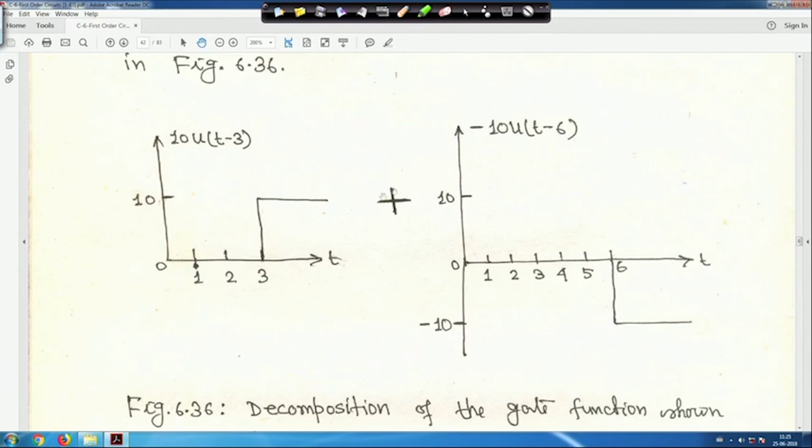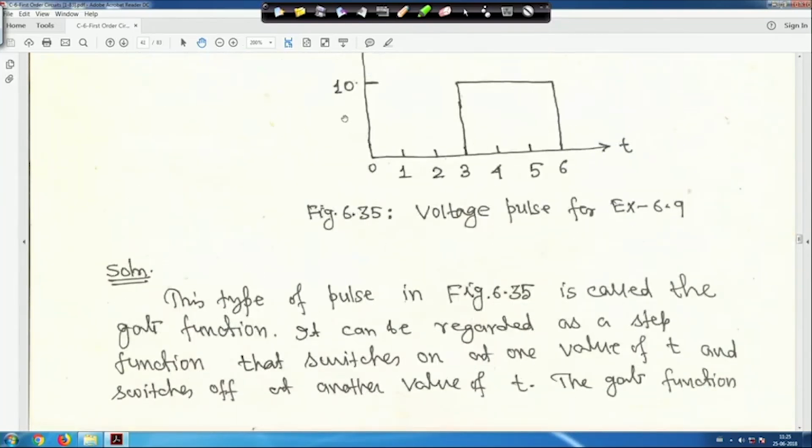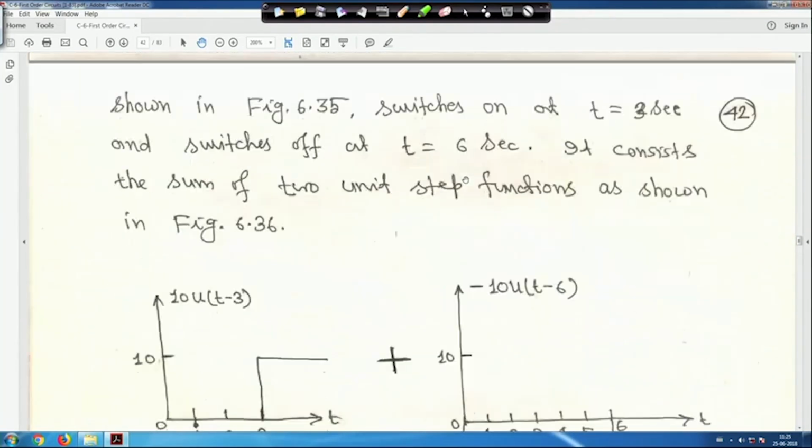And when it is switched off at t equal to 6 seconds, it will be minus 10 u(t minus 6). So at the time of switching on, it will be 10 u(t minus 3), plus, at the time of switching off at t equal to 6 seconds, minus 10 u(t minus 6).